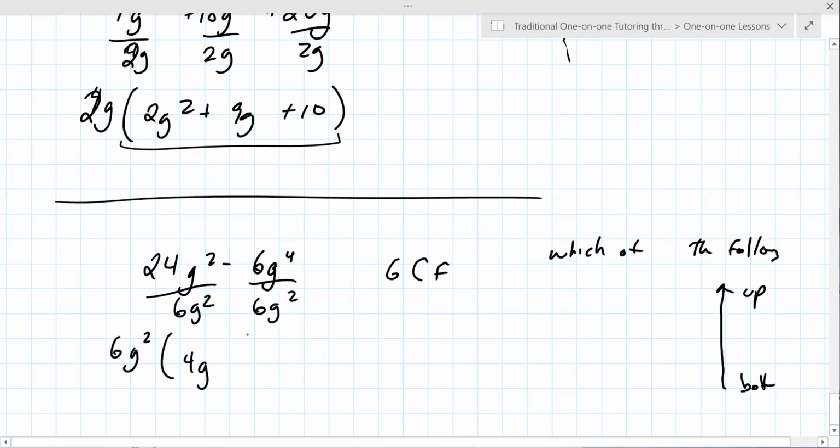It's just 4 minus g squared, which is also a difference of squares. So obviously, since we did that, the last one must be the answer.